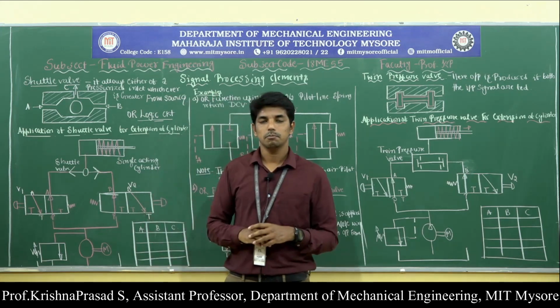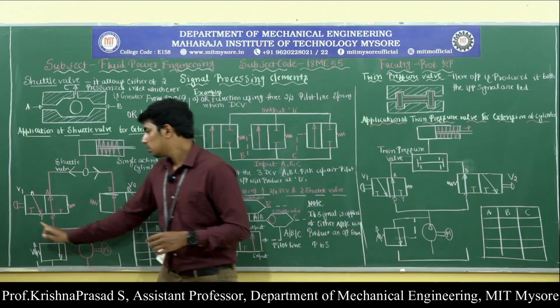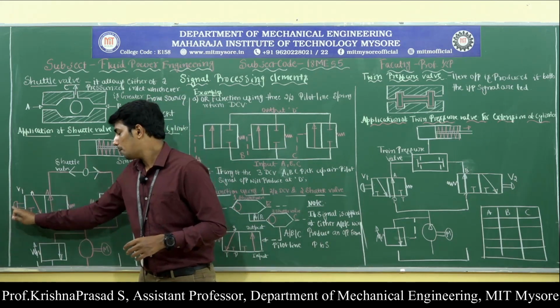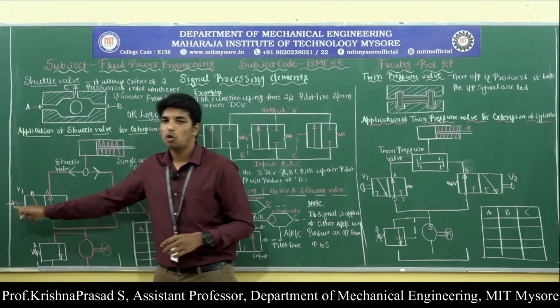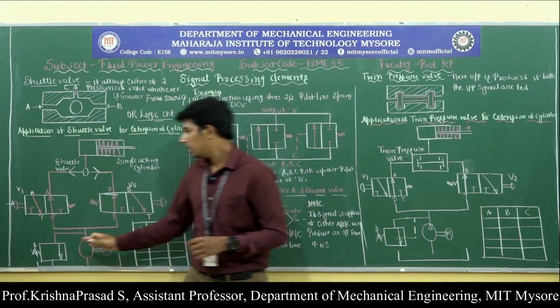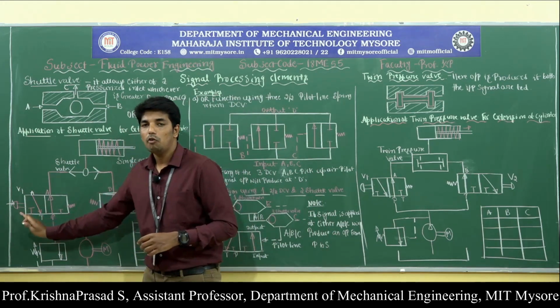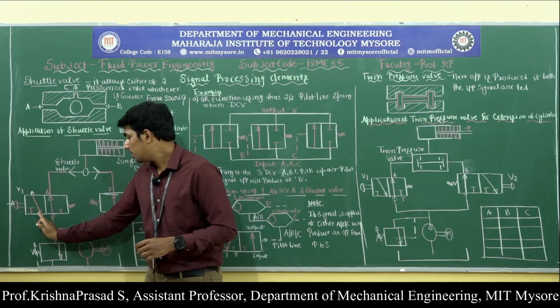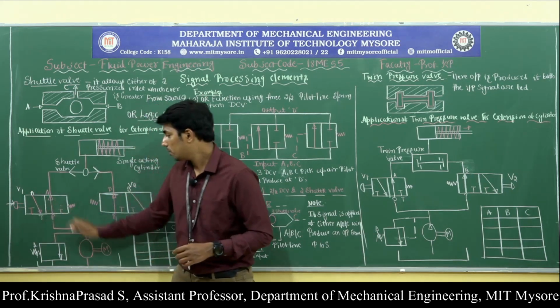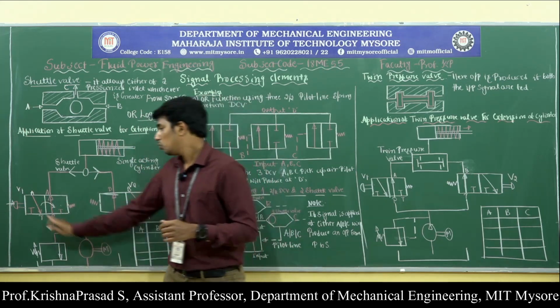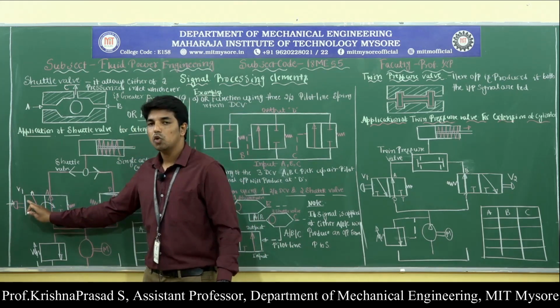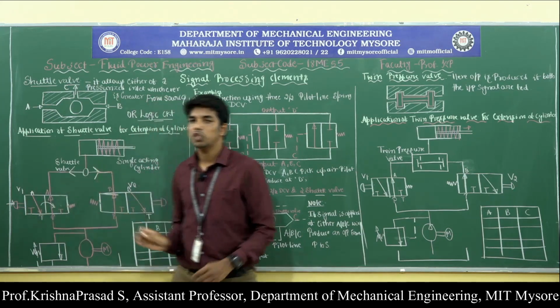There are two cases. Case number 1: if the push button is operated for valve 1, then the direction control valve is shifted from the normally closed condition to the normally open position.